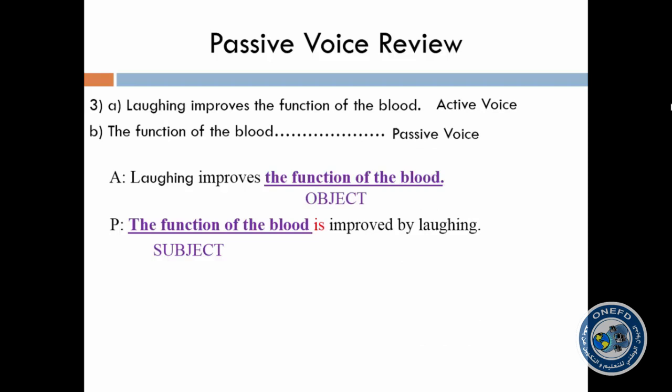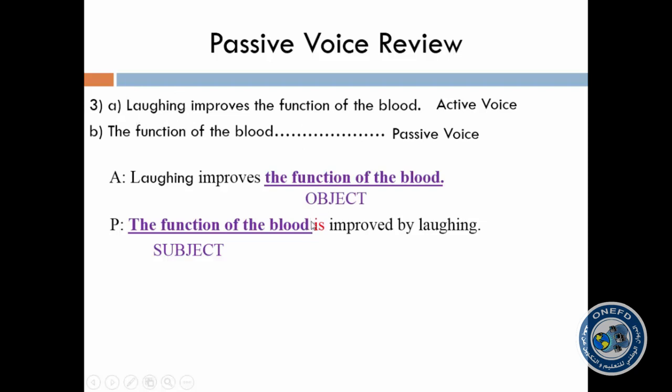A quick reminder on the difference between the active voice and the passive voice. How is sentence A different from sentence B? First, the structure. As you can see, the answer is "The function of the blood is improved by laughing." But the difference between A and B is that the focus of the active voice is always on the doer of the action, who does the action.